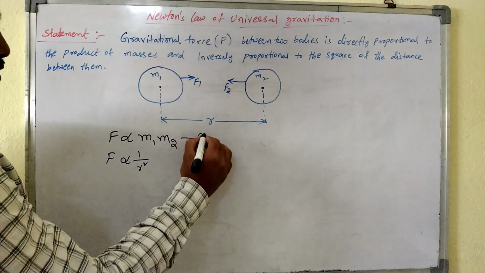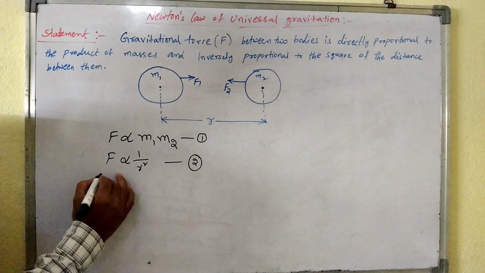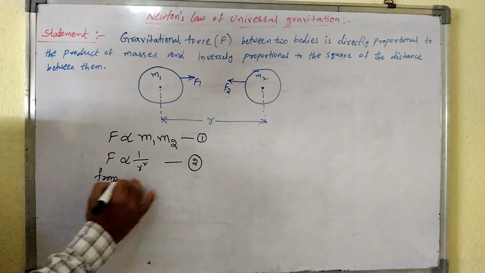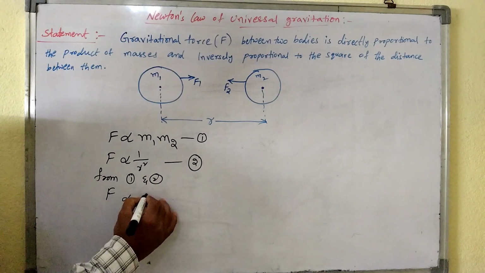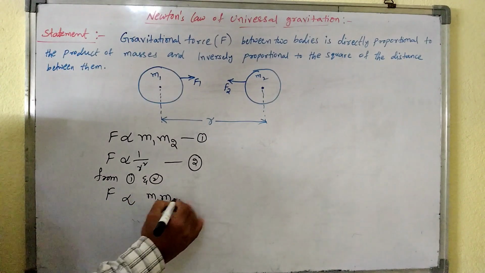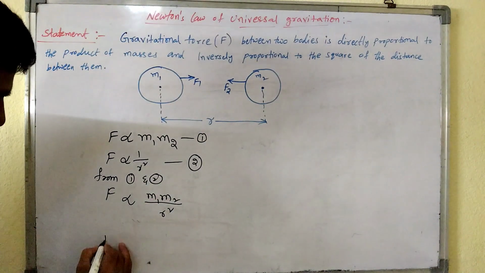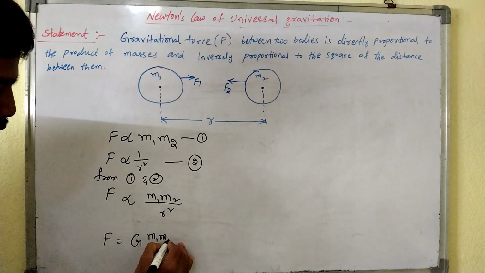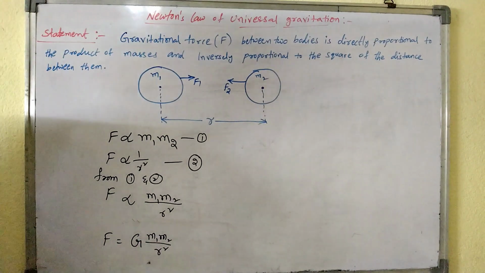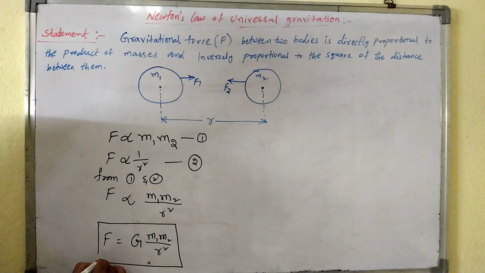From these two equations, we can write F is directly proportional to m1 m2 by r square. F equals G m1 m2 by r square. This is Newton's law of universal gravitation.